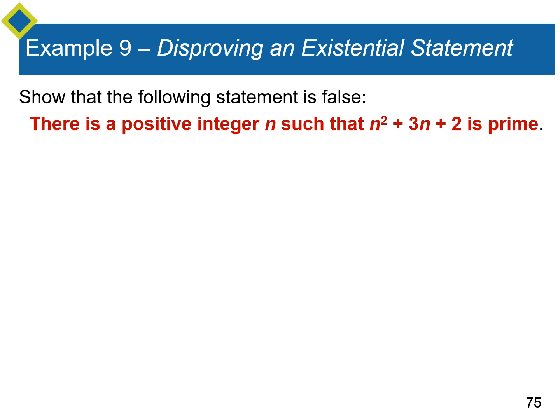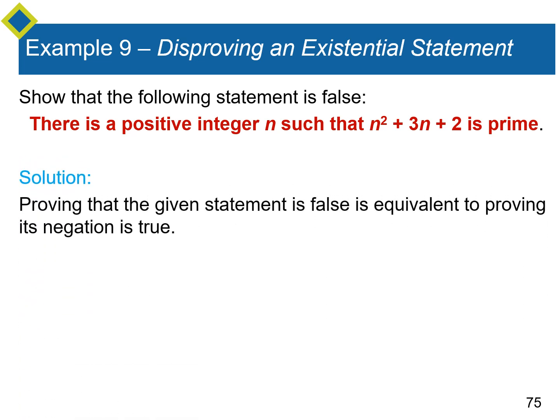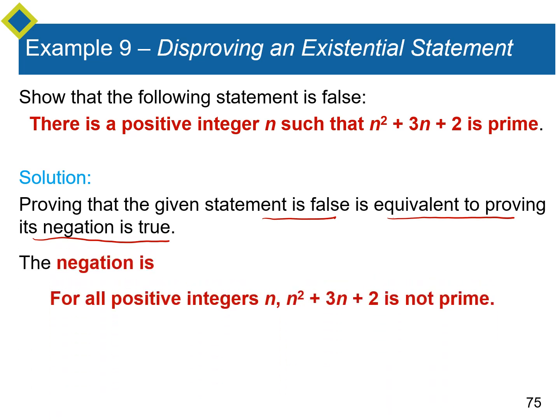So how to prove it? Proving that the given statement is false is equivalent to proving its negation is true. So the negation of this statement becomes: for all positive integers n, n squared plus 3n plus 2 is not prime.